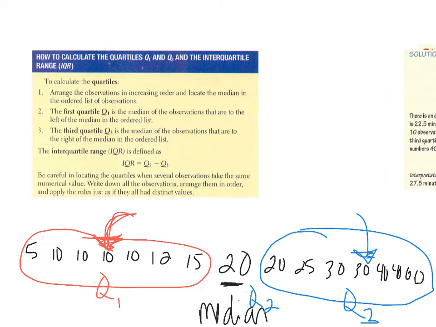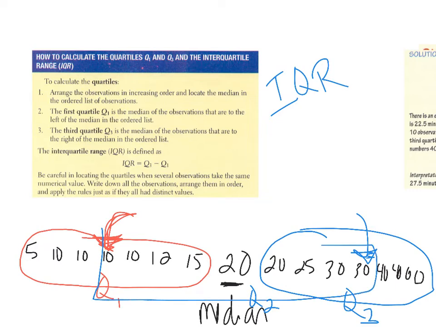Once you find the first and the third quartile, you can then find your interquartile range, or your IQR. Again, it's a range, so it's only going to be one number, but this is the range of the middle 50% of the data.